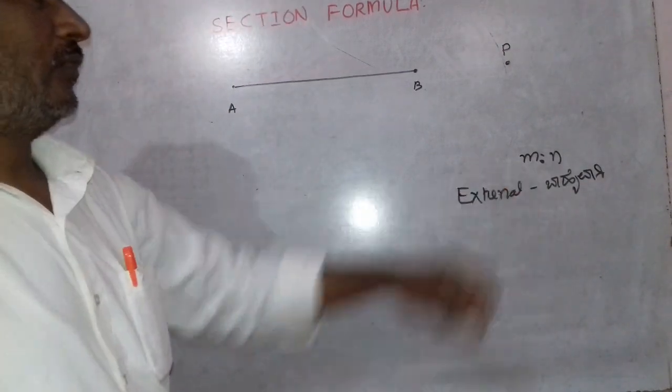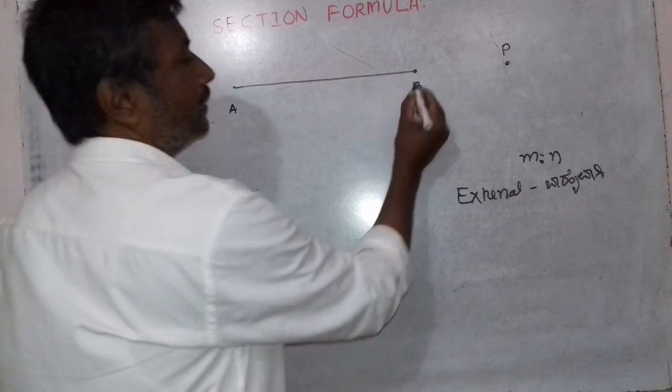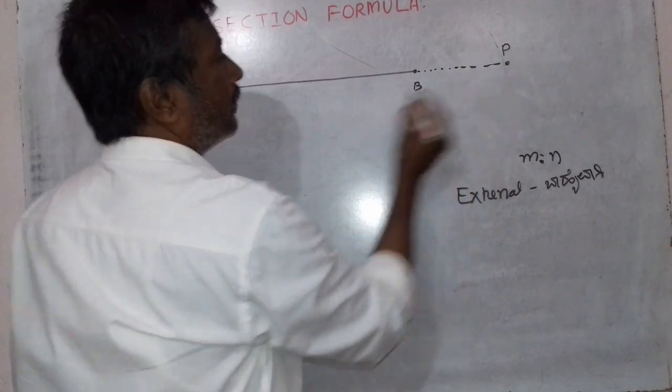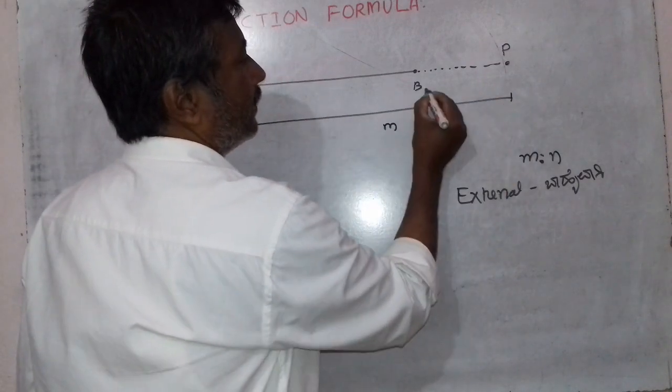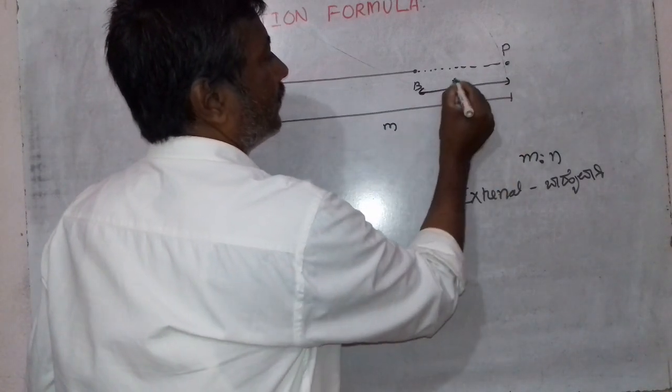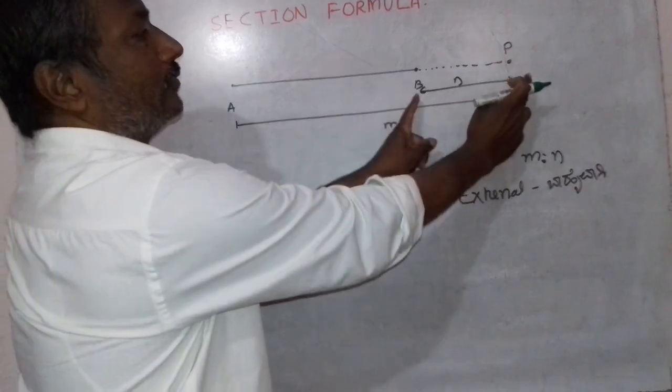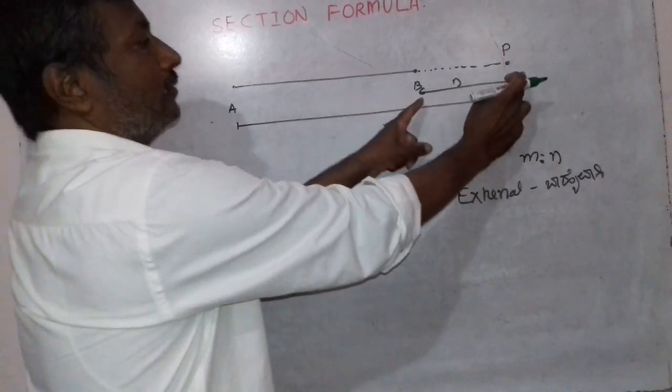Here this length is equal to m and this length is equal to n, m is to n.